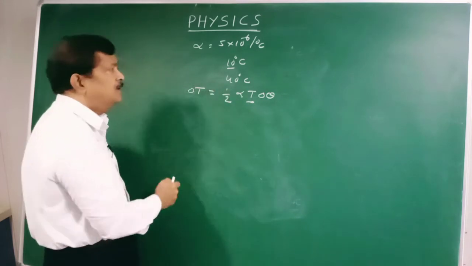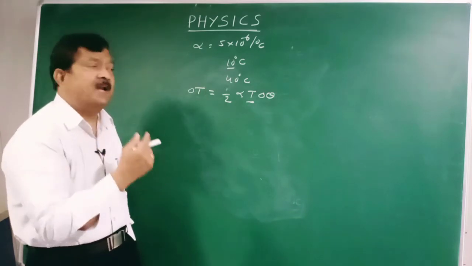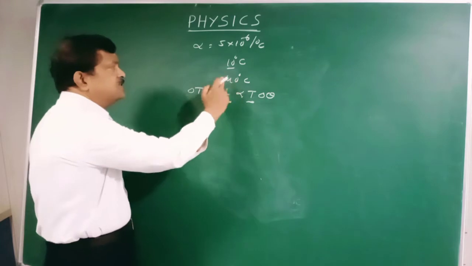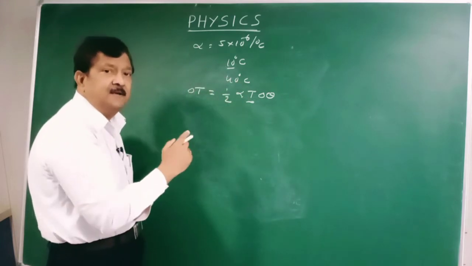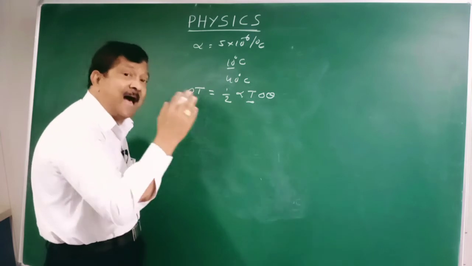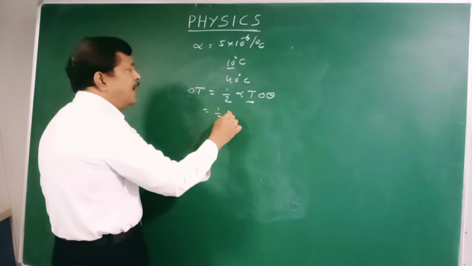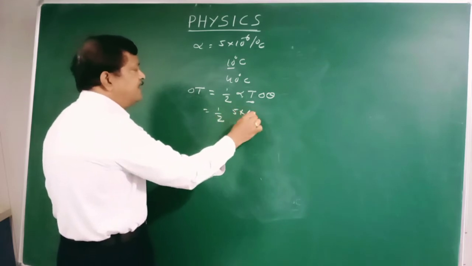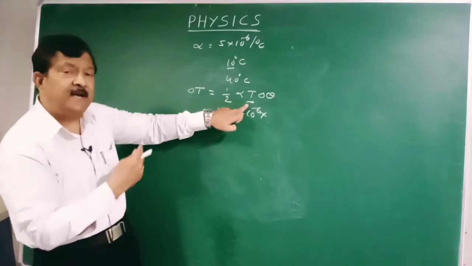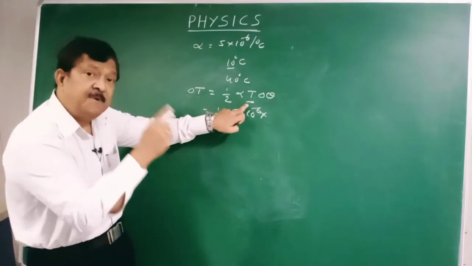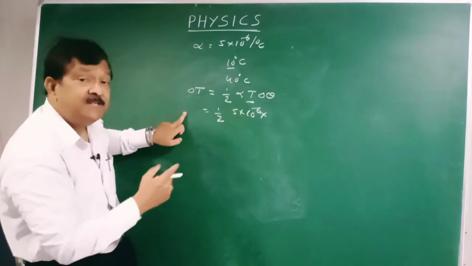For example, let us use this equation. I want the loss or gain of time, because the temperature is 40, there is a loss of time. Let us find out the loss of time in 1 day. And suppose the answer is in hours, then what happens? So delta t will be equal to half alpha, which is 5 into 10 power minus 6, and we are going to find out the loss or gain of time in 1 day, but the answer is in hours.